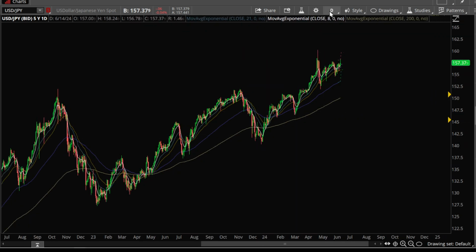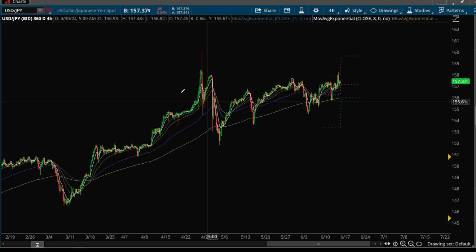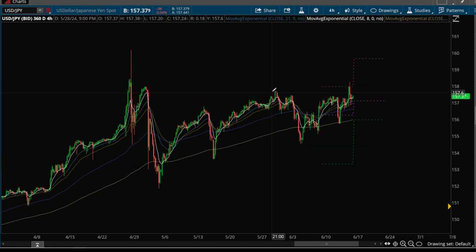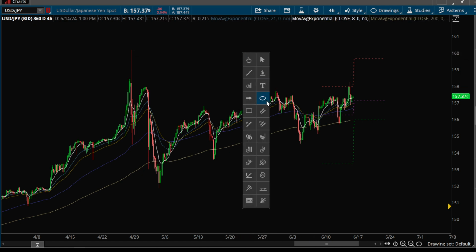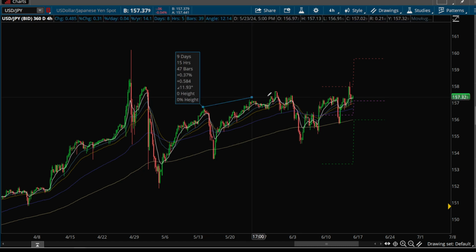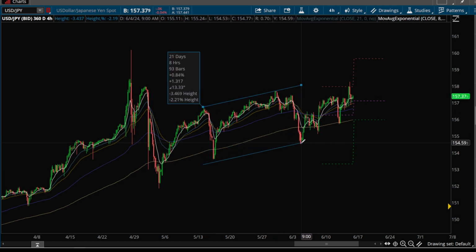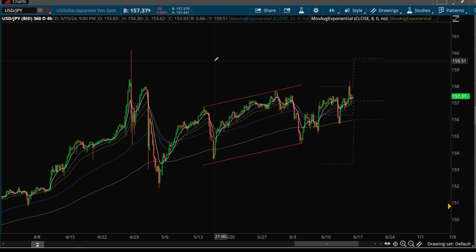Dollar yen, go to 4-hour chart, and took out this high. I mean, you've kind of got a complete pattern here for B wave. We don't have a sell setup yet though, and I do like CAD yen better. But we did take out these highs right here.